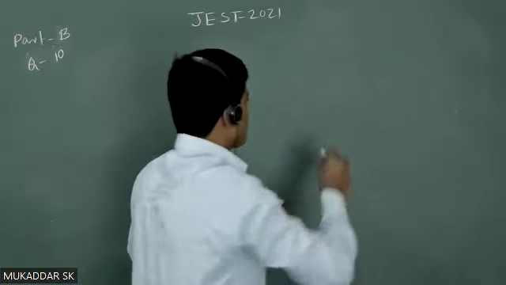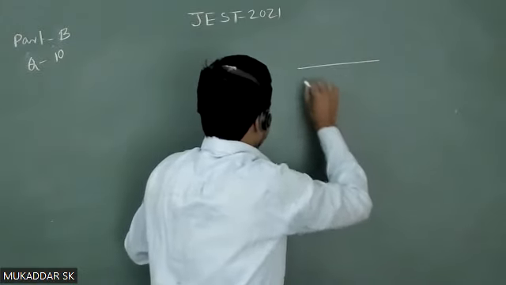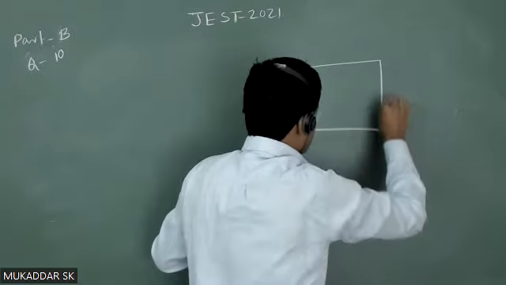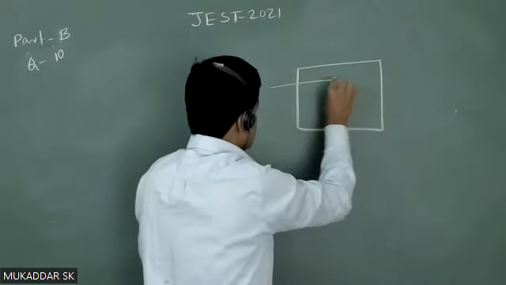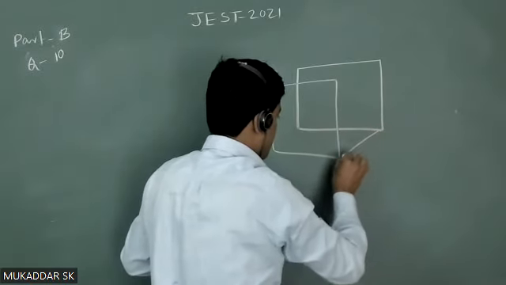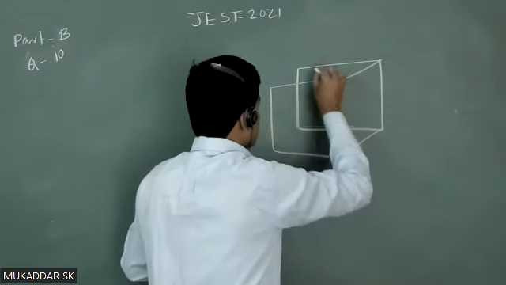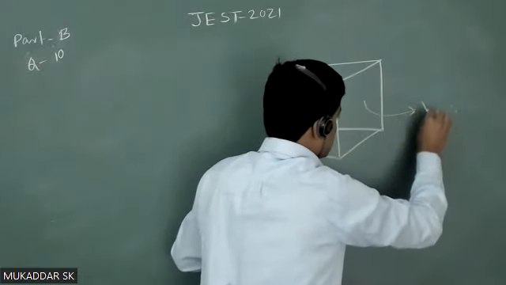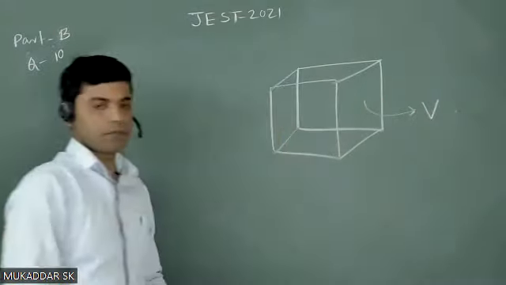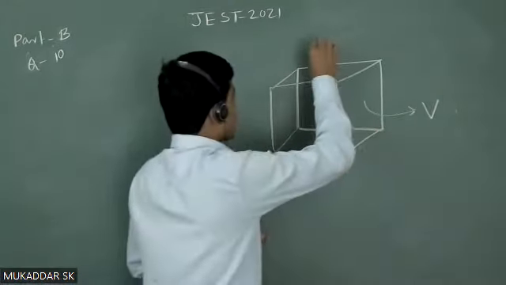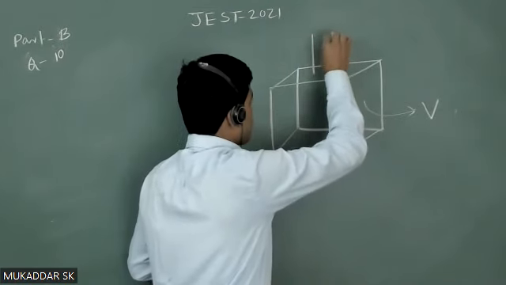If I draw that picture, you have a cubical box, and the volume of this cubical box is given, that is V. This box is fitted with a glass tube.